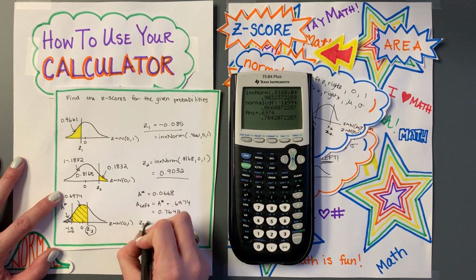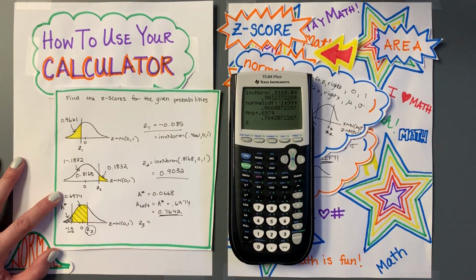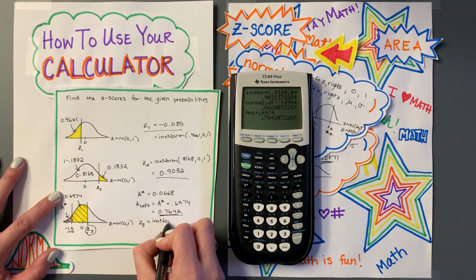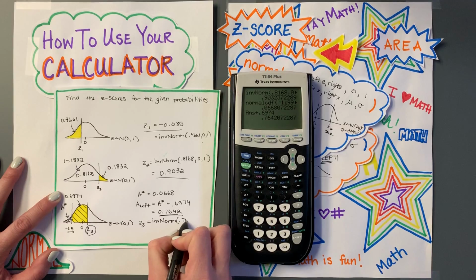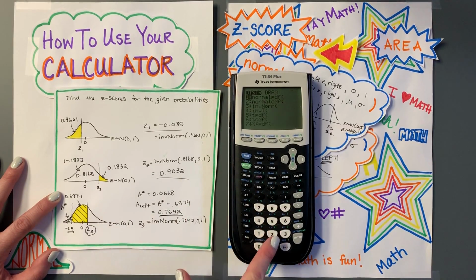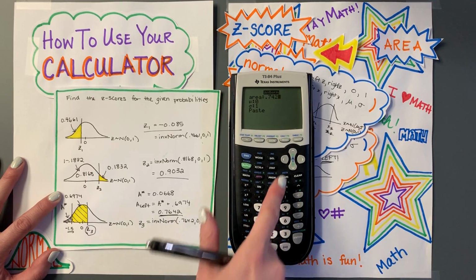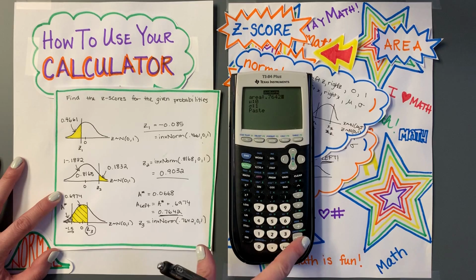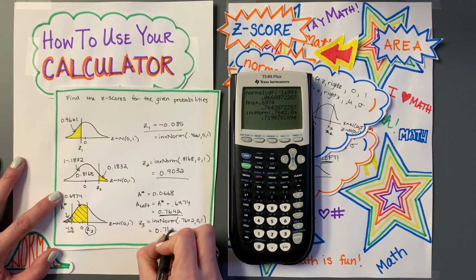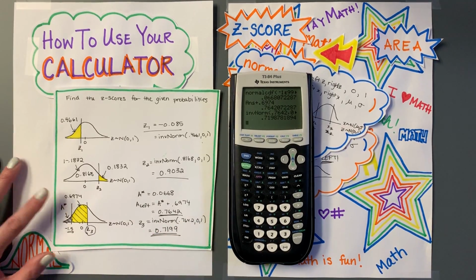So for my z3, this is now the area to the left. So my z3 will be inverse norm of that area, 0.7642. And that gives me 0.7199 as my z-score.